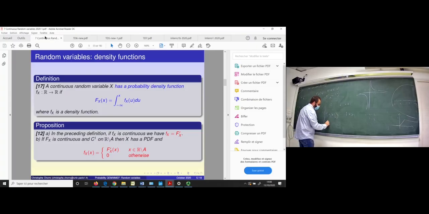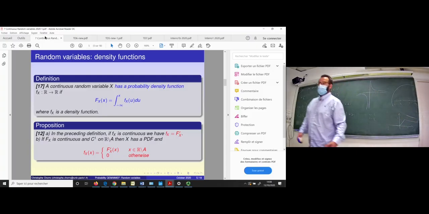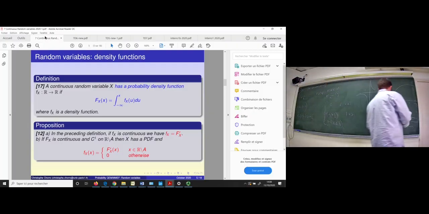I just write 1 minus the probability that x1 is less than 1 over x, and use the fact that I know the distribution function of x1, that is this one. So I am in the case where x is greater than 1, and I am interested in the probability that x1 is less than 1 over x.